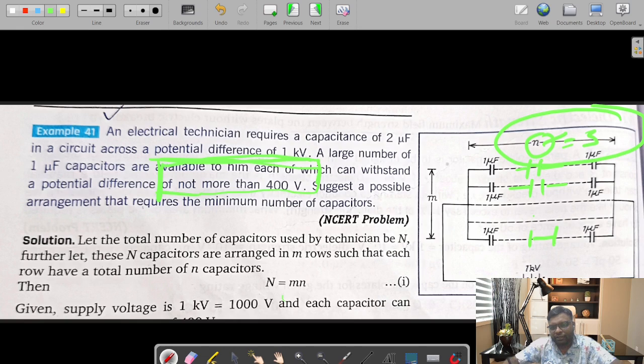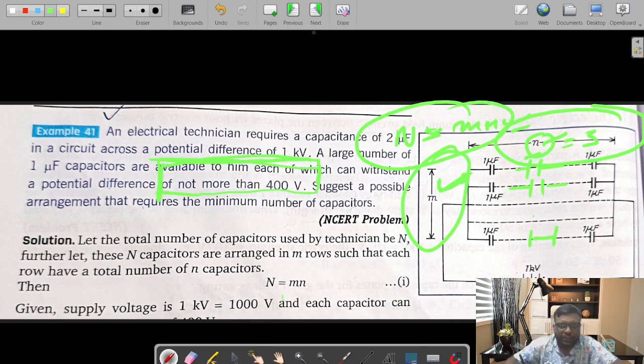Now we have to calculate the value of small m, that is the rows, and if we get the values of small m and n, then we will get the total number of minimum capacitors, capital N, and it is mn. So now we will proceed further.